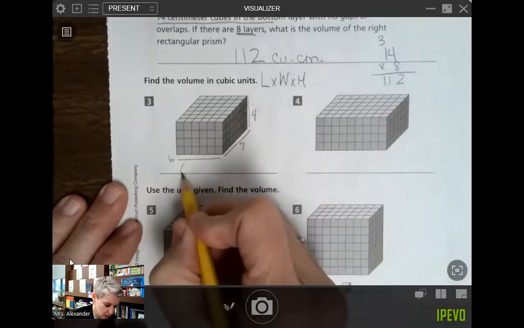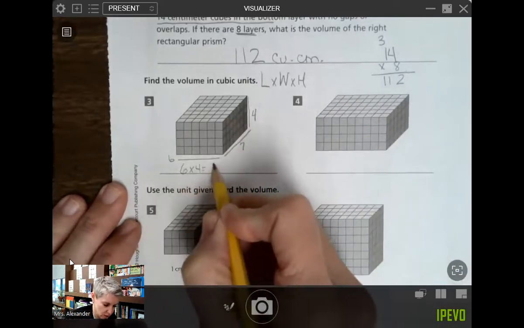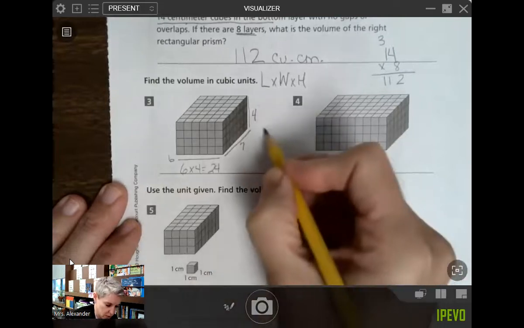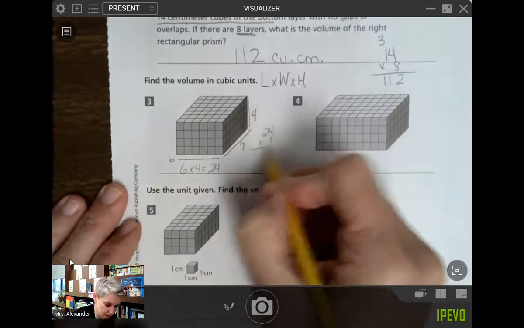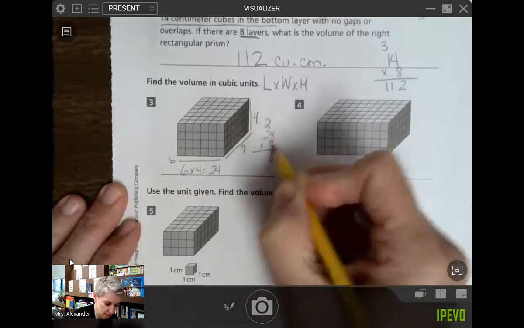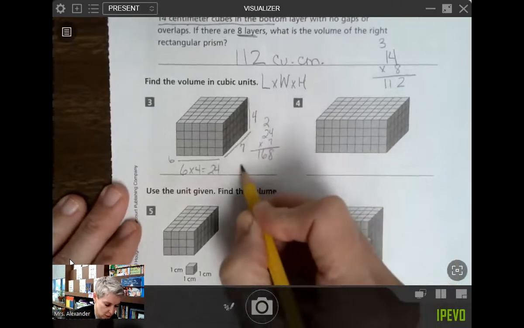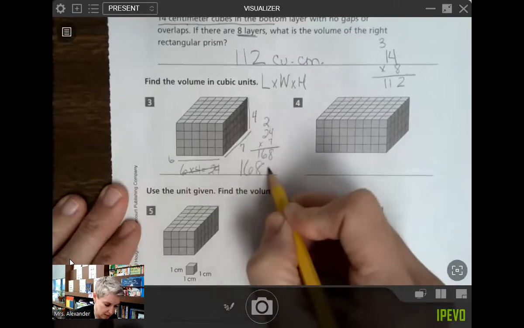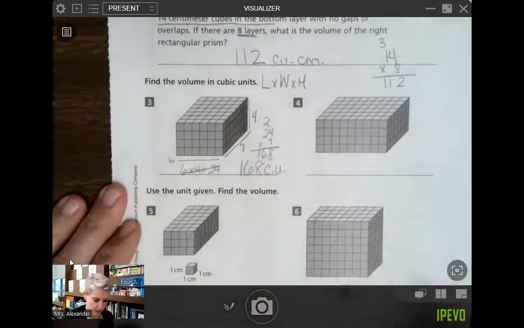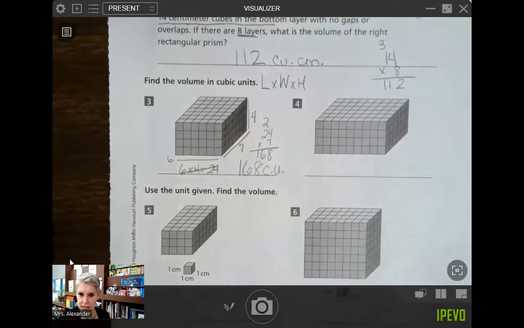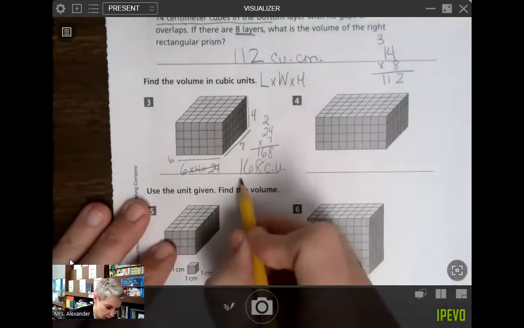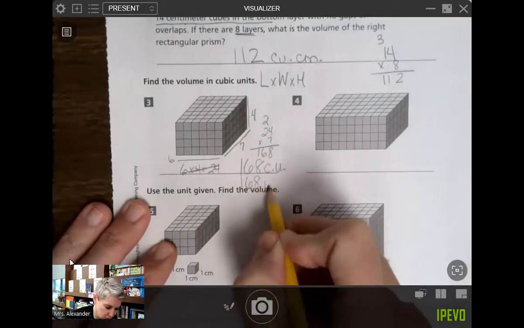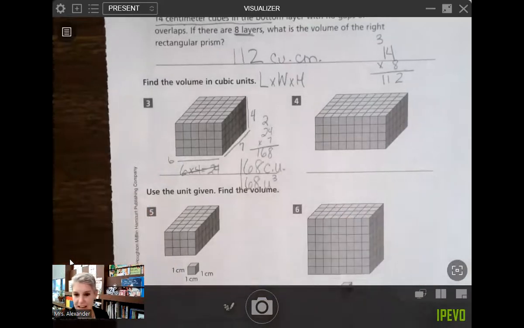So 6 times 4 equals 24. 24 times 7, 28, 14, 16. So I would get 168 cubic units, and I can write it as CU. I can also write units cubed. We can use an exponent and write it like that.